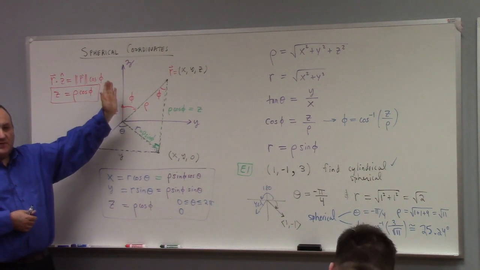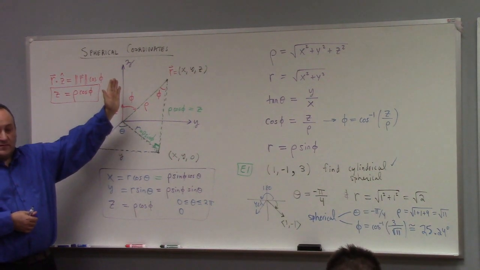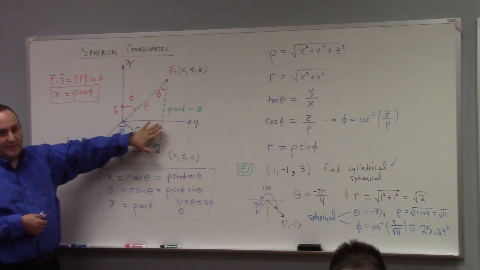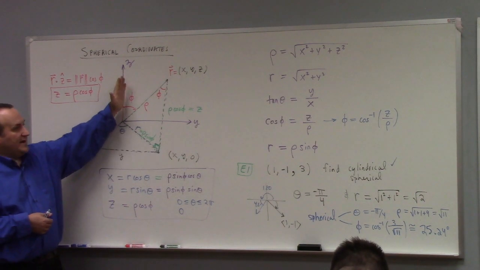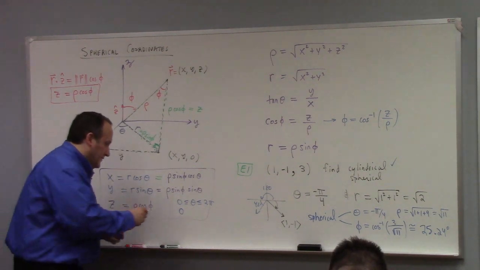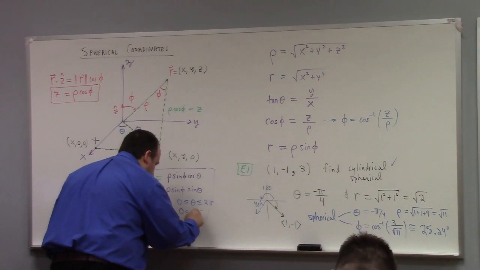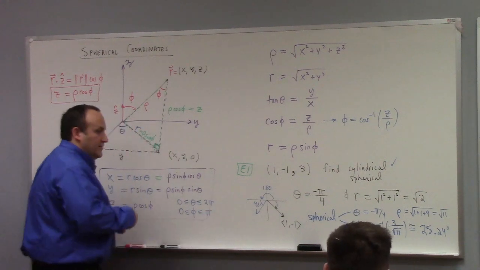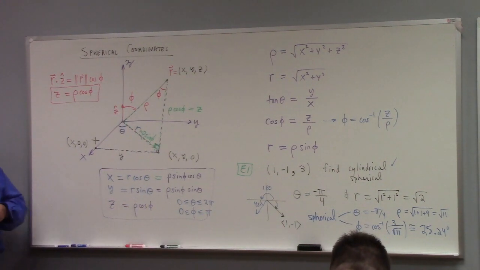As you sweep from 0 to 180, that's everything. So the xy plane would be 90 degrees for phi. So 0 is less than or equal to phi, less than or equal to pi if we're doing radians, or 180 degrees. Any questions?